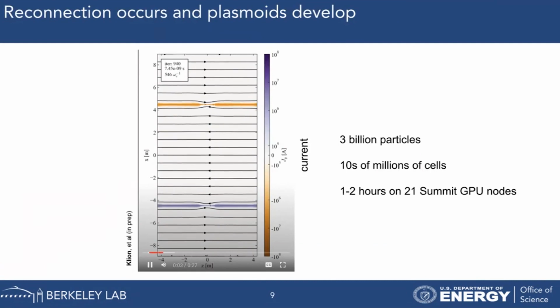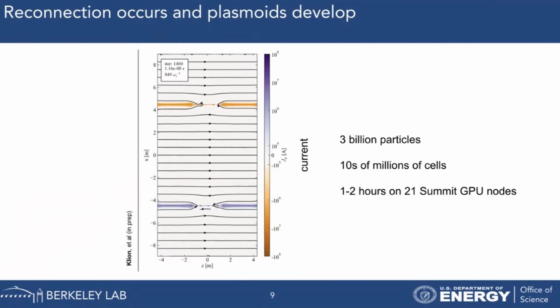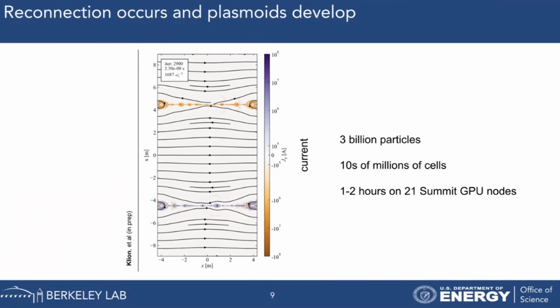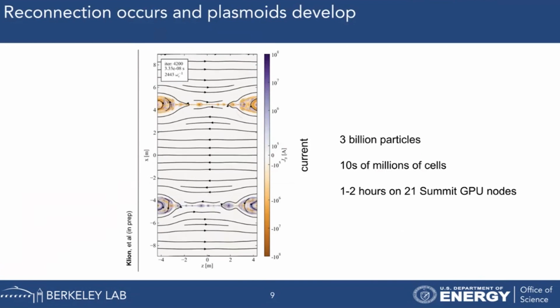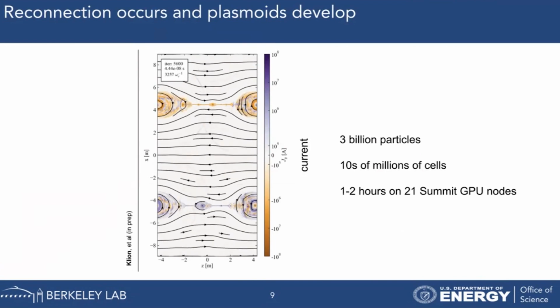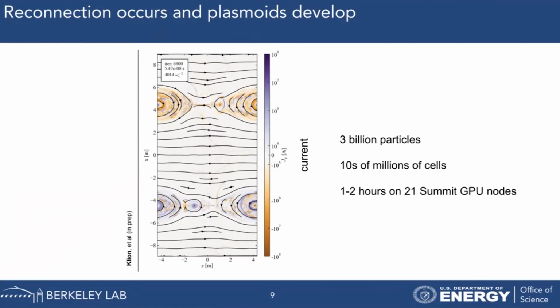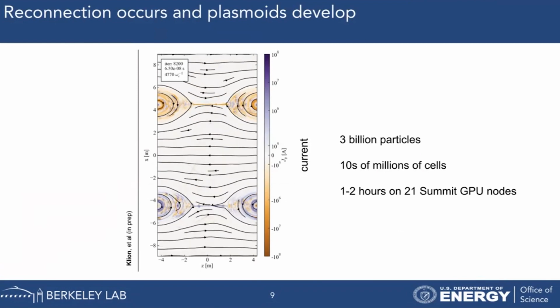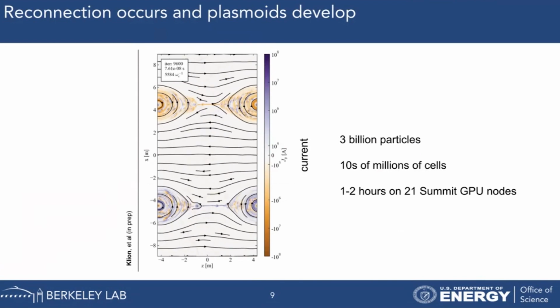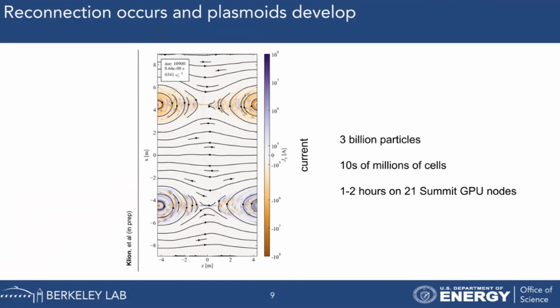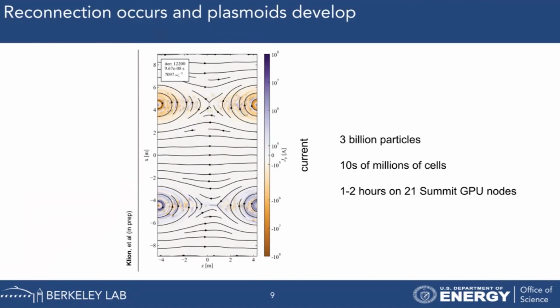So as I let this run, we'll see that the current sheets fragment into the plasmoid structures that I mentioned before, and the plasmoids will travel outwards and merge until we form a single plasmoid at the edge of the current sheet. And this is just because it's a periodic domain. If there was an outflow boundary condition, the reconnection would continue, and everything would continue to stream outwards.